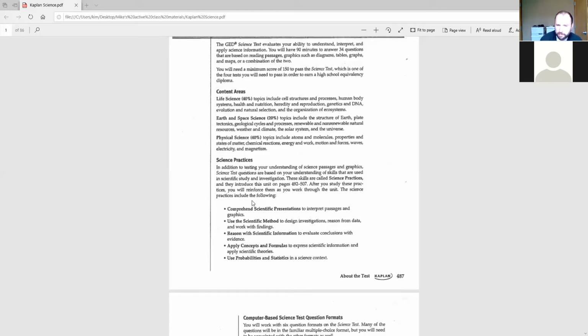And then using probabilities and statistics. There's a little bit of math involved, and we haven't actually touched on this yet, so we're going to spend a couple days, maybe next week, talking about reading charts and graphs, looking at probability, and also measures of central tendency, so mean, median, mode, range, and spending a day going over that.